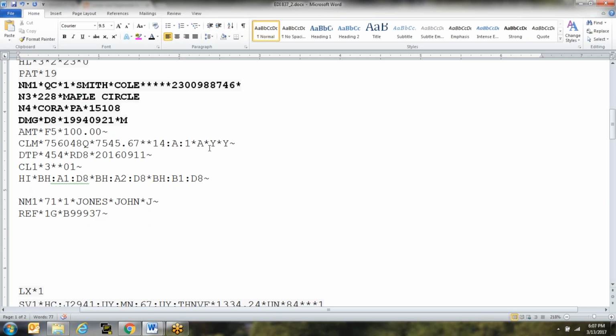We already know how to track who is supposed to receive this claim. We already know for whom this medical claim is being sent. We already know who is the primary subscriber on this claim. We already know what kind of different treatments this person received. What's the cost of each treatment? And so on.